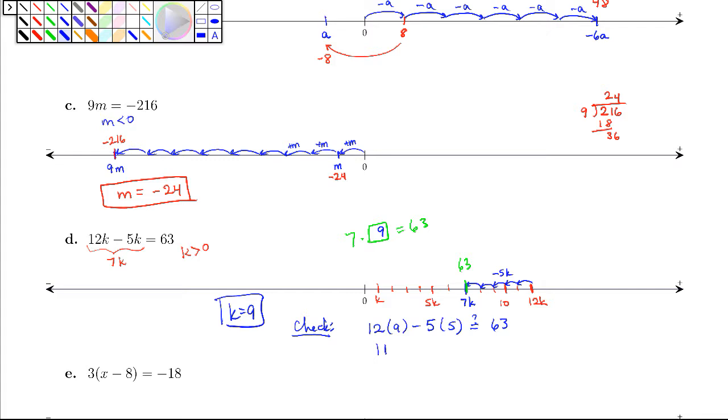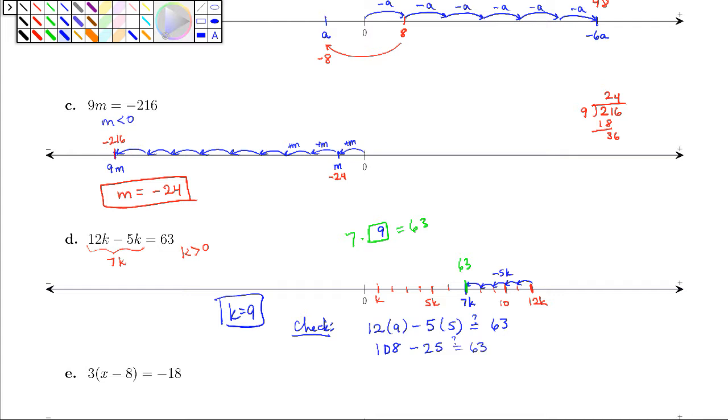So 10 copies of 12 would be 120, so 9 copies of 12 is 12 less than 120, which is 108. Minus 25, and is this 63? It is not 63.